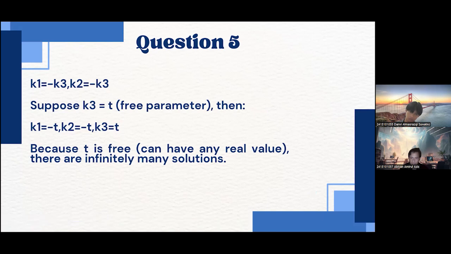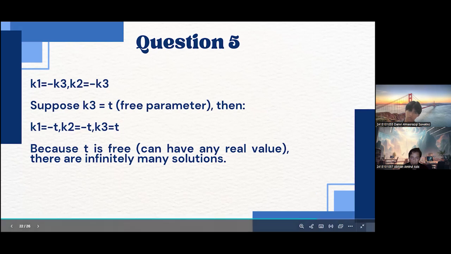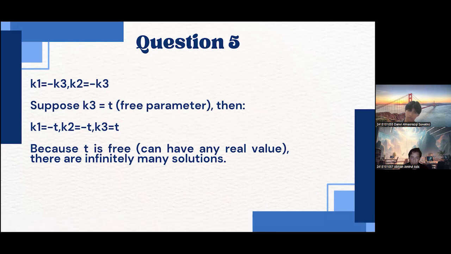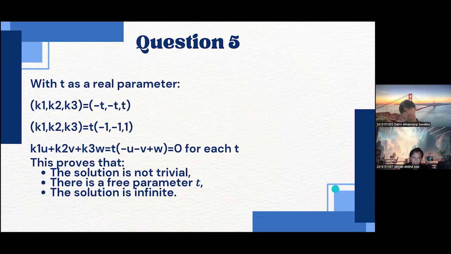Because t is free and can have any real value, there are infinitely many solutions with t as a real parameter. So this can be written as k1, k2, and k3 equal to minus t, minus t, and t. Substituting the real parameter t, k1, k2, and k3 equal t times minus 1, minus 1, and 1.